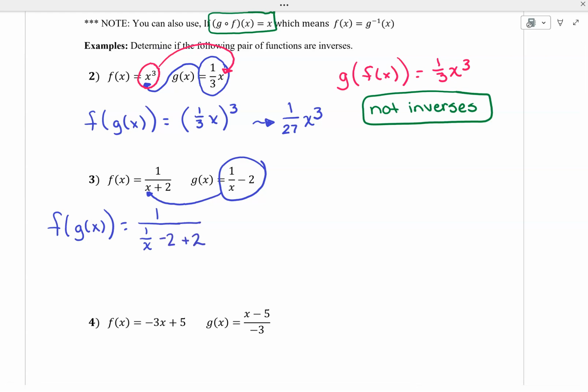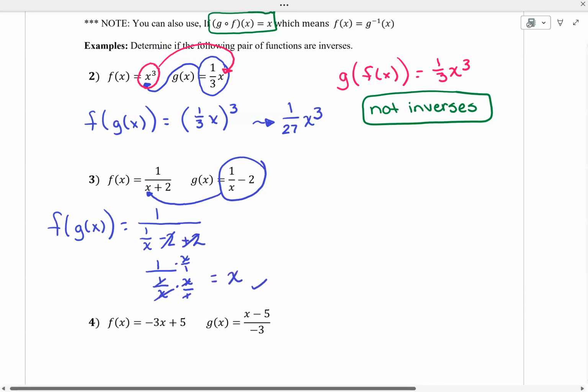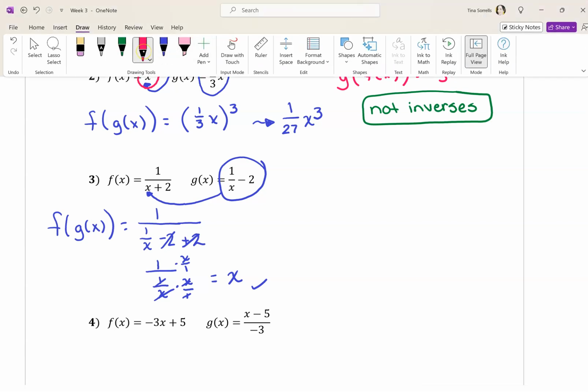Okay, so the good thing is here, those go to 0. So we get 1 over x. We're going to multiply by the reciprocal. These all cancel. 1 times x is x. So on this one, we are doing good. But we got to check it the other way.